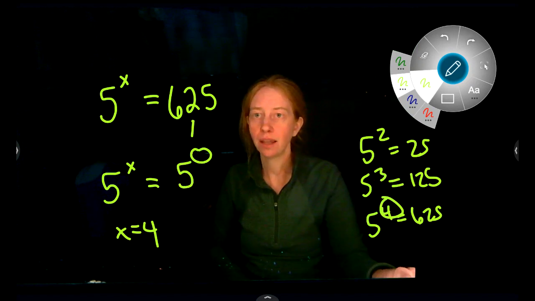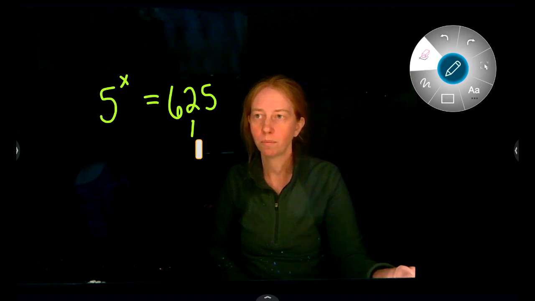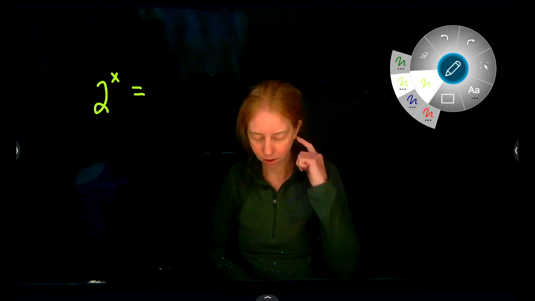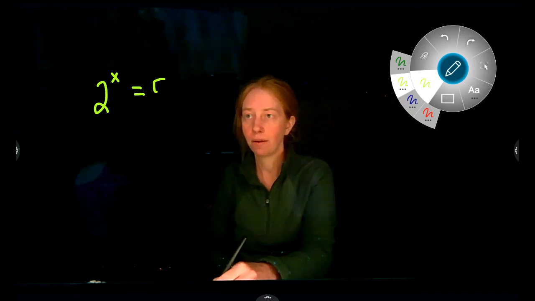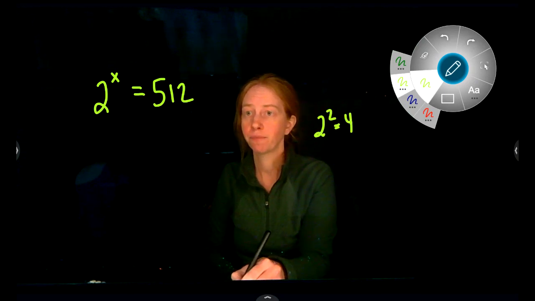So let's do another one. I'm talking while I'm erasing, which is not the best strategy here. So 2 to the x equals 512. I really do consider 2 to the second is 4, 2 to the third is 8.